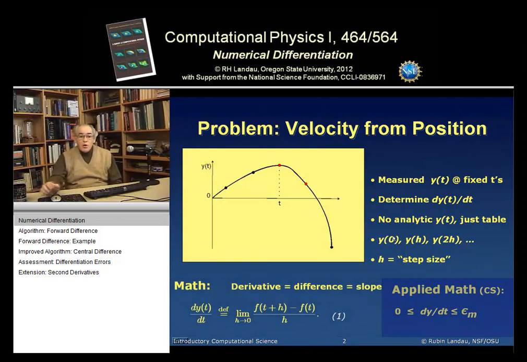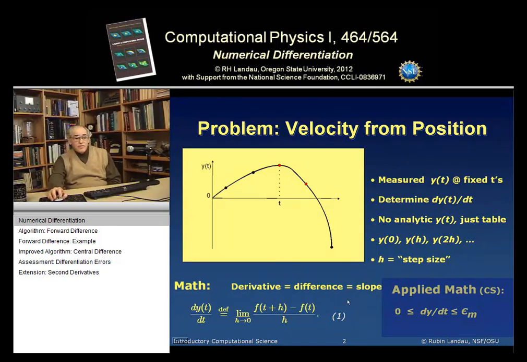Okay? So if we look at equation 1 on the slide, we see the mathematical definition of derivative. Now what is a derivative? Well, the word derivative comes from derive, so it's something we derive from a function. In the mathematical sense, it's just the difference of the function over some time interval. In terms of the graph here, it would be just the slope of the graph at any one time. Okay?